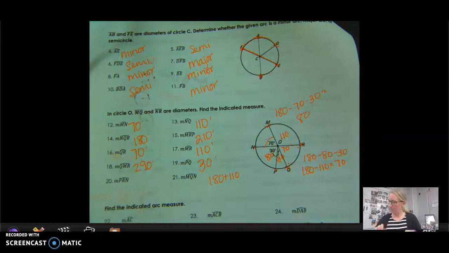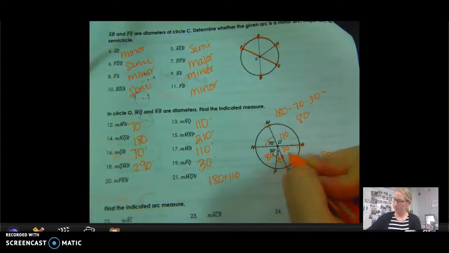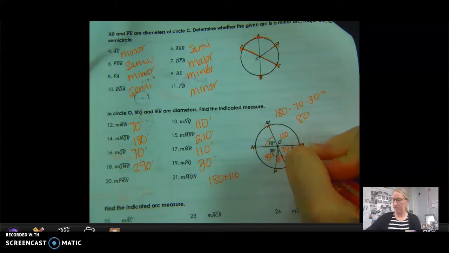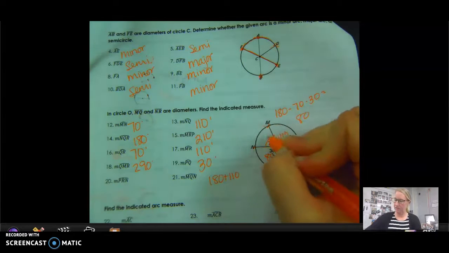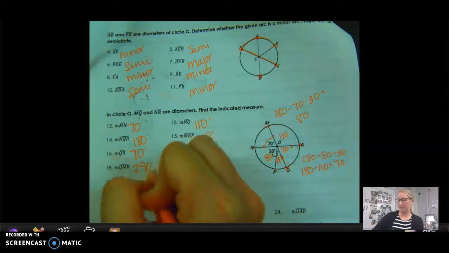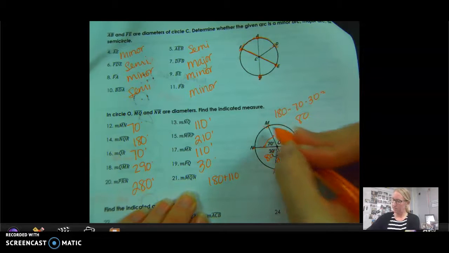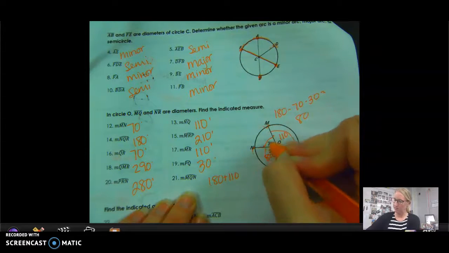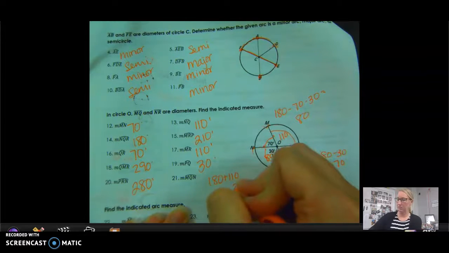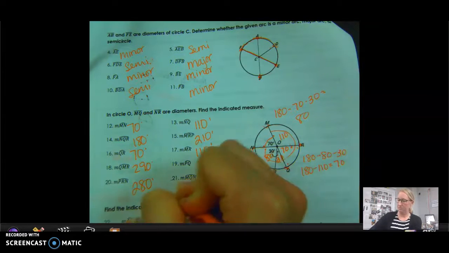P to R to N, so major, so I'm going to do 30 plus 70 to give me 100, plus 110 to give me 210, and I'm ending at N, so plus 70, so 210 plus 70 would be 280. Then last one, M to Q to N, so I have to go around this way. So that's essentially everything except for this 70 degrees, so I'm going to take 360, subtract off that 70 degrees, and I get 290.